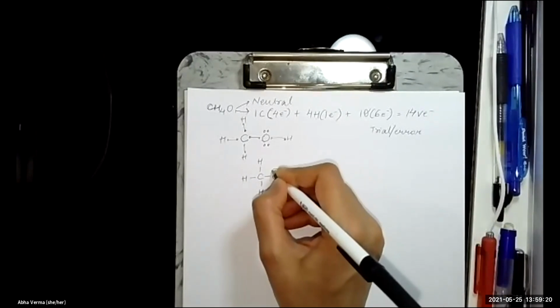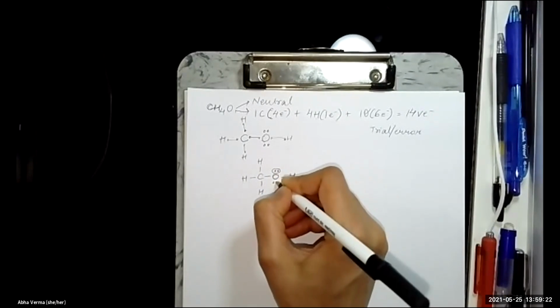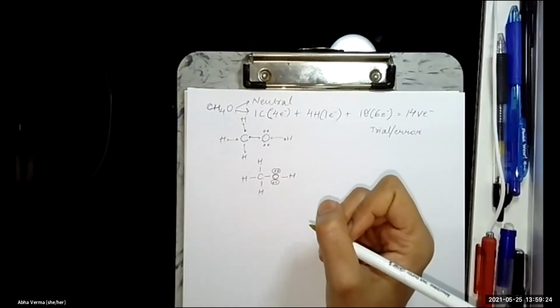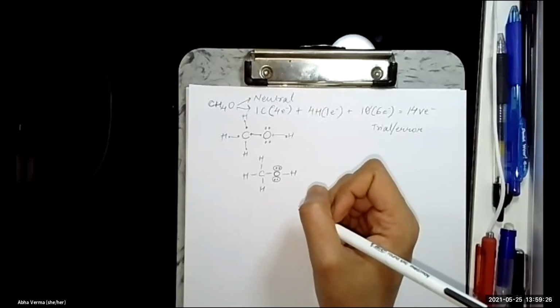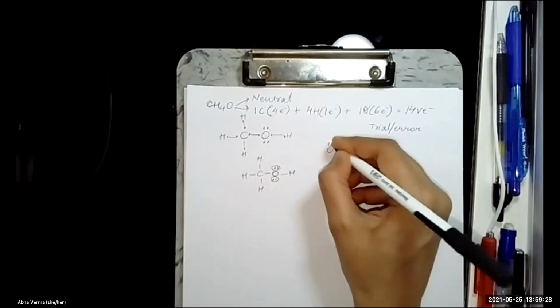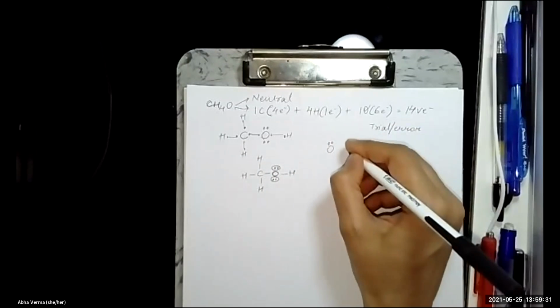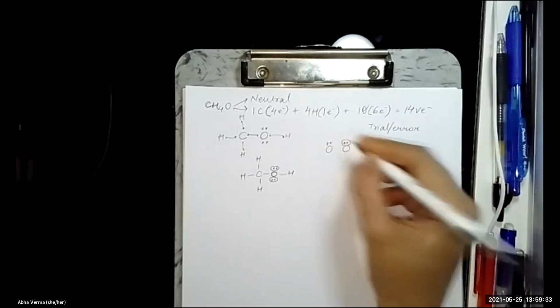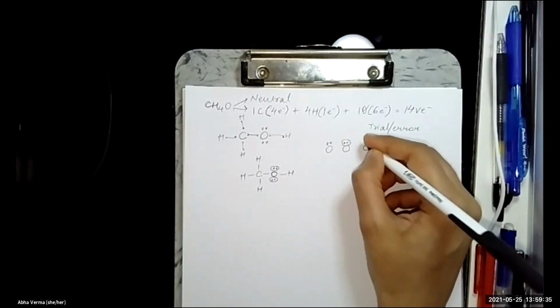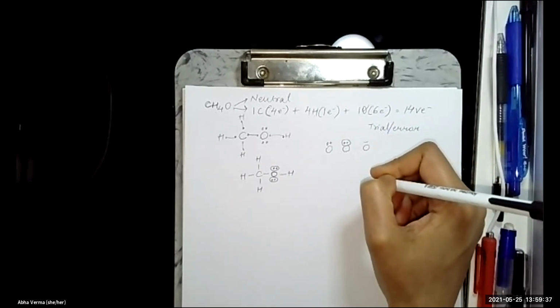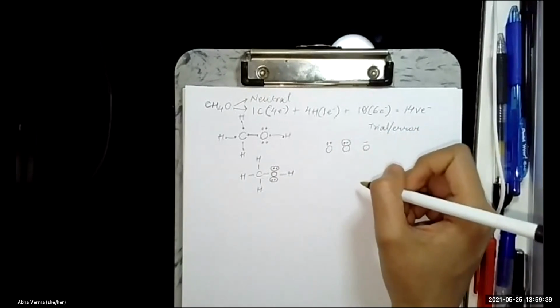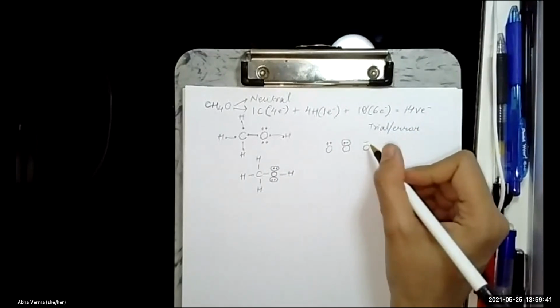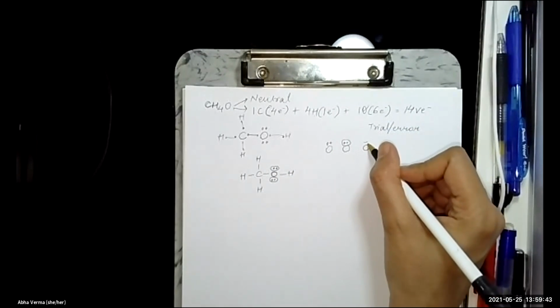What I did not write is O with its both lone pairs. I can write oxygen with lone pairs like this. I can write oxygen with lone pairs like this. I can also write oxygen with lone pairs like this. I'm not sure how your general chemistry class went, but I get a little bit confused with the negative charge.